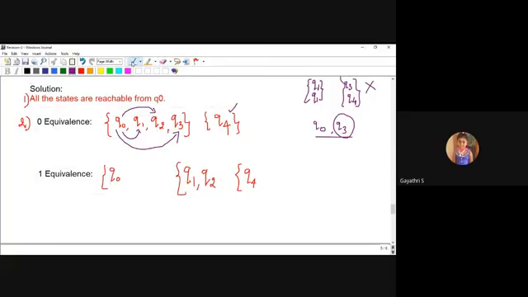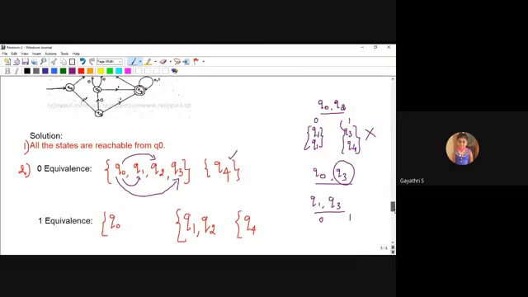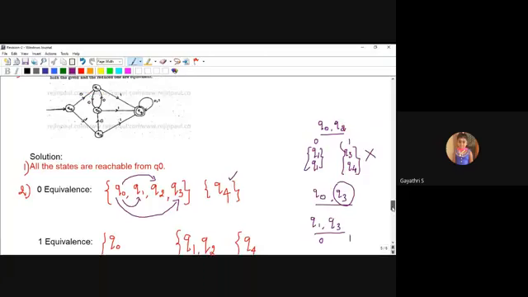In the 1 equivalence iterations, two states are already separated, Q1 and Q2, so I will check the pair Q1 and Q3, on 0 as well as 1. Q1 on 0 goes to Q2.